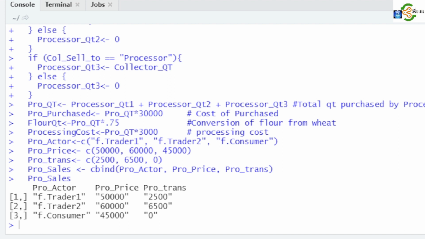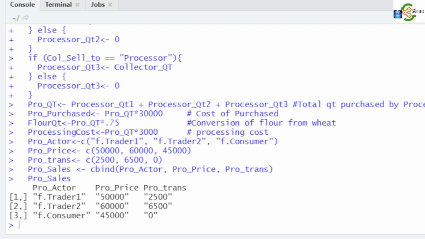And if he or she opts to sell the produce to trader 2, then there is a price of 60,000 rupees per metric ton, and the transportation or other costs for transporting from the point of processing to the point of selling to trader 2 is 6,500 rupees per metric ton.